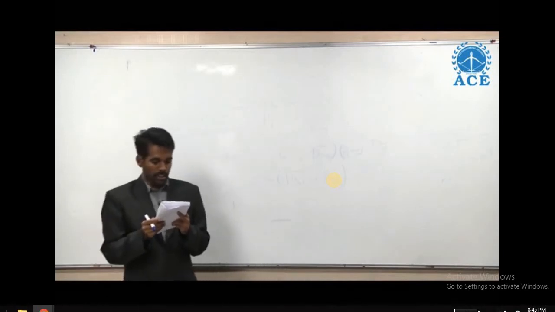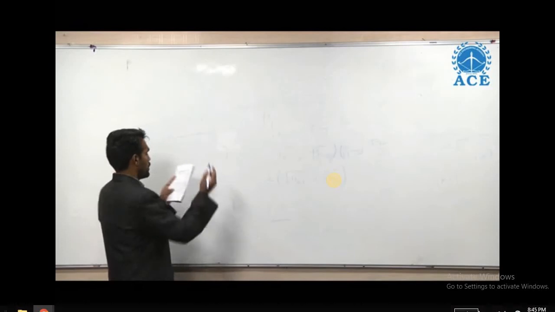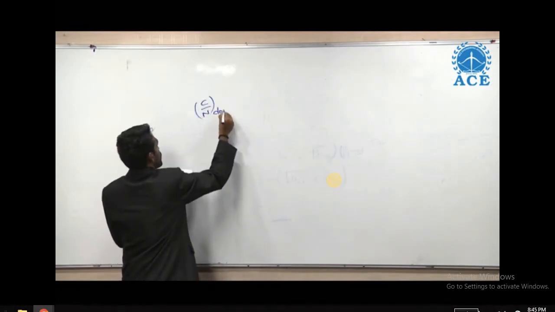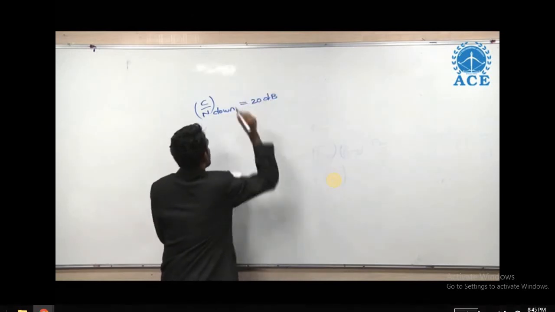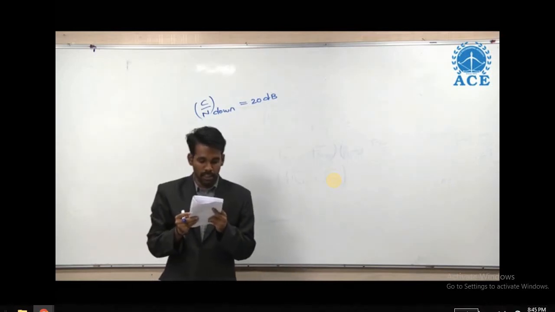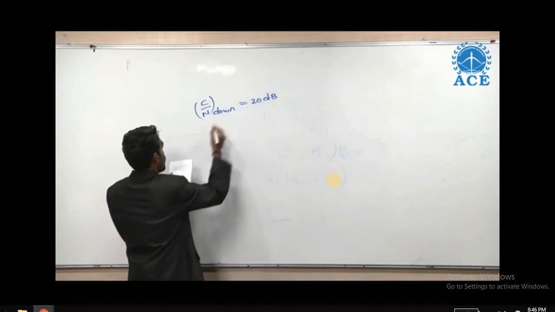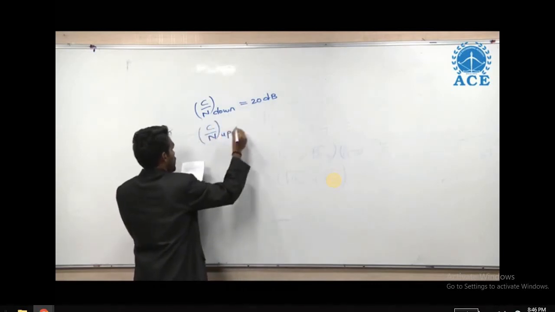Thermal noise in an earth station receiver results in a carrier to noise ratio in the downlink, C by N down, equal to 20 dB. A signal is received from a bent pipe transponder with a carrier to noise ratio of up. This is downlink, and C by N ratio of up equal to 20 dB.